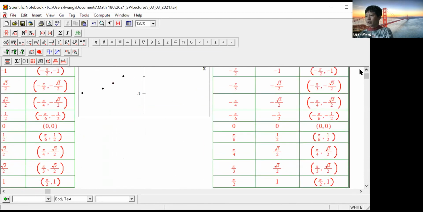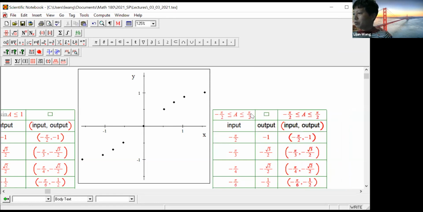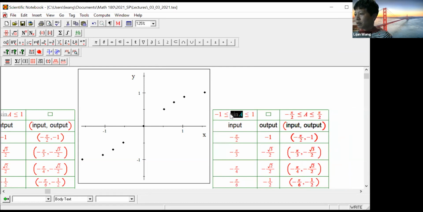And I'm going to switch the input output. Okay, so what does it mean? What's being switched? Domain and range are switched. You guys all said it, right? So let's do it. So this one will be put here. And this is going to be the ratio.